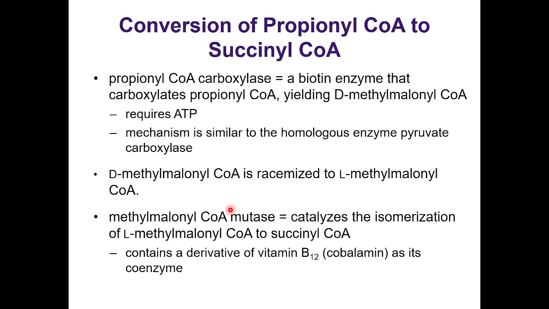Your methylmalonyl-CoA mutase is going to catalyze the isomerization of the L-methyl-malonyl-CoA. This will give you then the succinyl-CoA. This will contain a derivative of the vitamin B12, cobalamin, and its coenzyme.